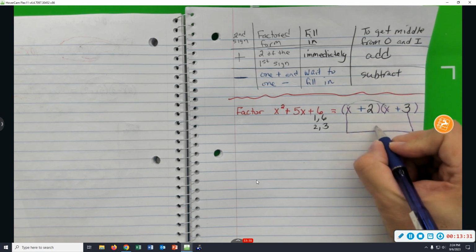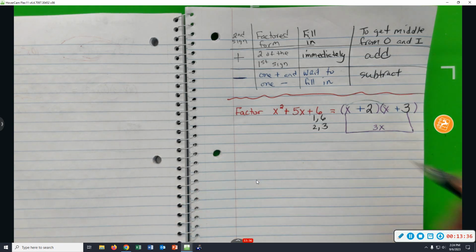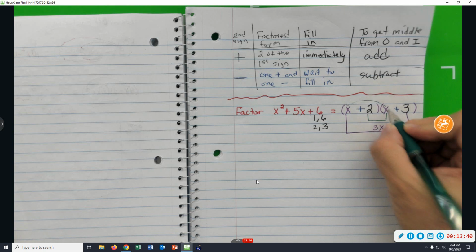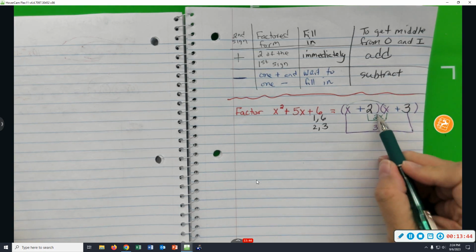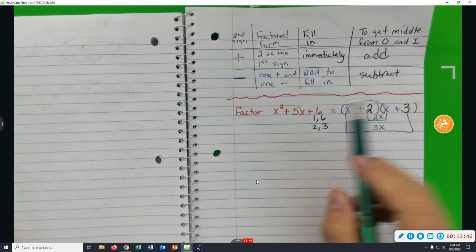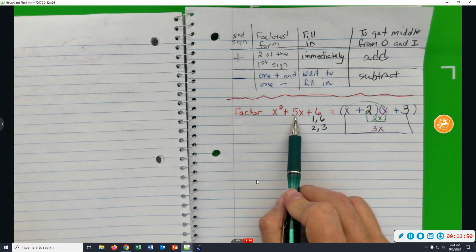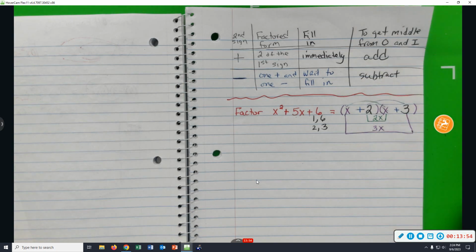X times 3, that would be 3x. Inner, or the inner 2x. The 2x, a positive 2x and a positive 3x, do those combine to give me a positive 5x? Yeah. And then last, well, positive 2 times positive 3, is that positive 6? Yeah.